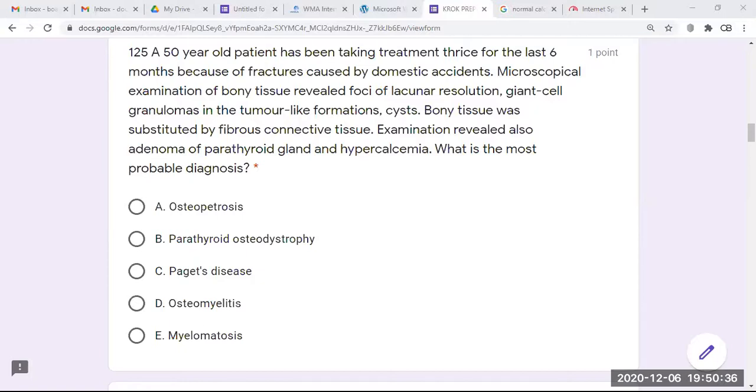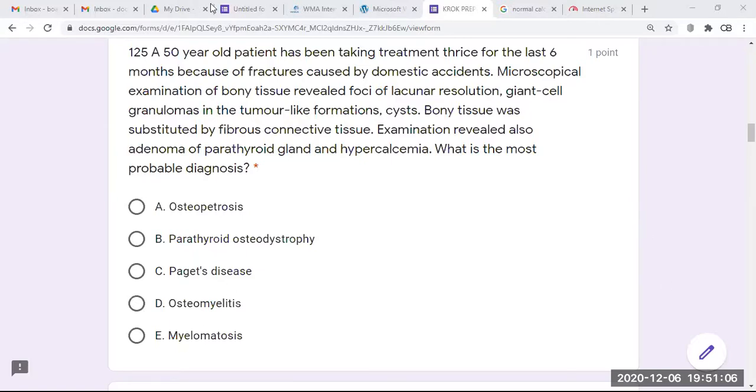In fact, they are small cells which come together to form one big cell, okay? So bony tissue was substituted by fibrous connective tissue. Why? Because there was no mineralization, because the osteoclast has demineralized the bone. So it is left with only the osteoid and the collagen fibers. Good.